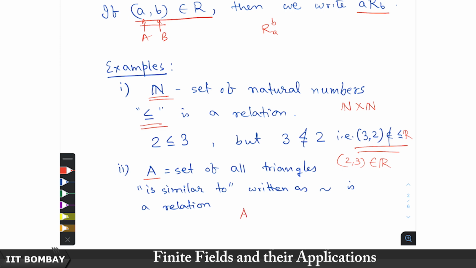Suppose we have a triangle ABC, we say it is similar to, let us say, PQR, two triangles. The notation is not universal, different books may use different notation. Some pairs of triangles are similar if their angles are the same.